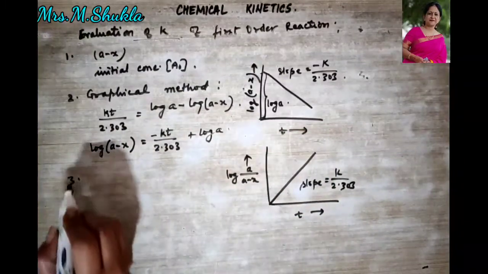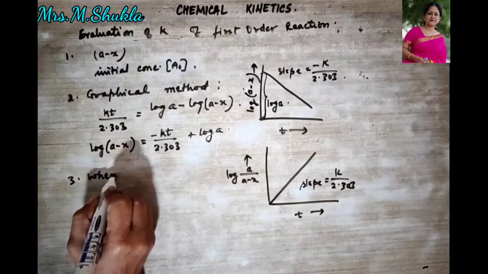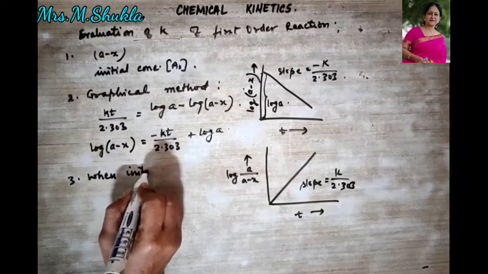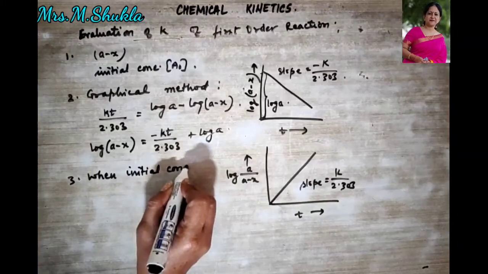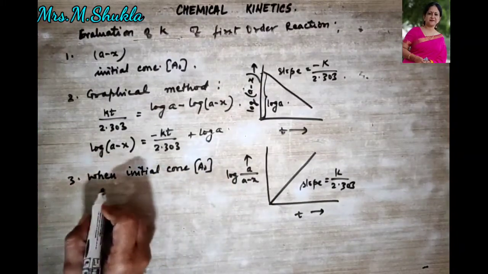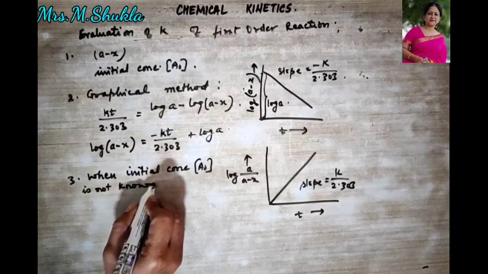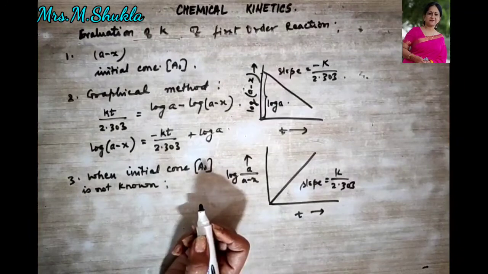Now, the third method that we need to understand: when the initial concentration, that is your A0 of the reactant, is not known, then how are you going to calculate your K?